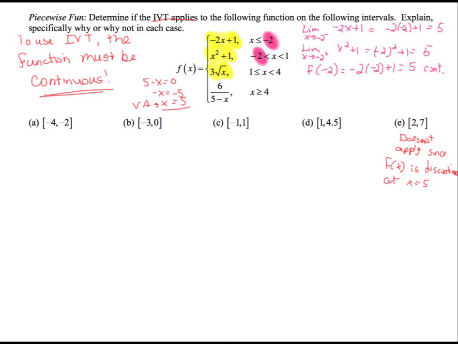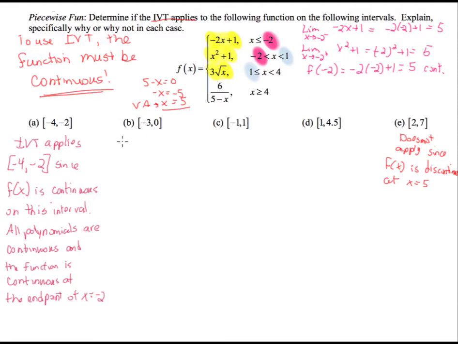I also noticed that from the left endpoint, the limit as x approaches negative 2 from the left is 5, and the function value at negative 2 is also 5. So I know that the intermediate value theorem applies in interval A, since the function is continuous over that entire interval, including the endpoints.